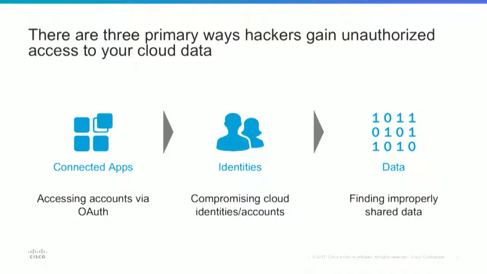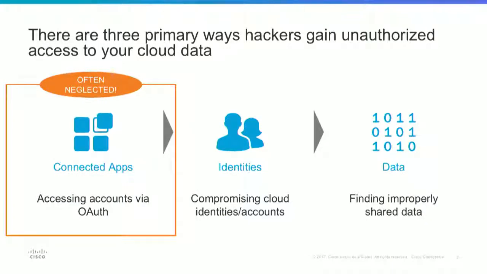Very, very risky. You're essentially giving the hackers the keys to the kingdom without actually opening up your environment via malware, firewall ports, all these sorts of things. So it's often neglected. We don't often know.